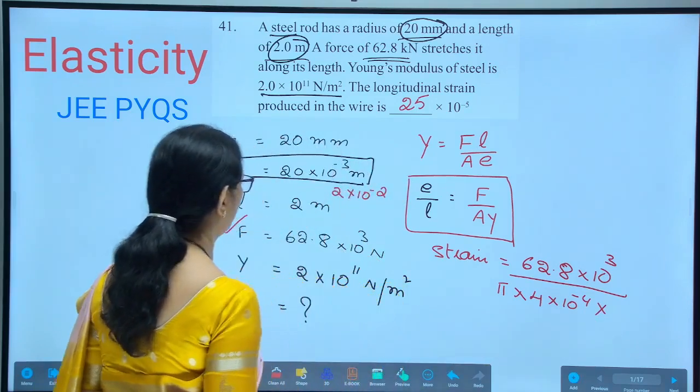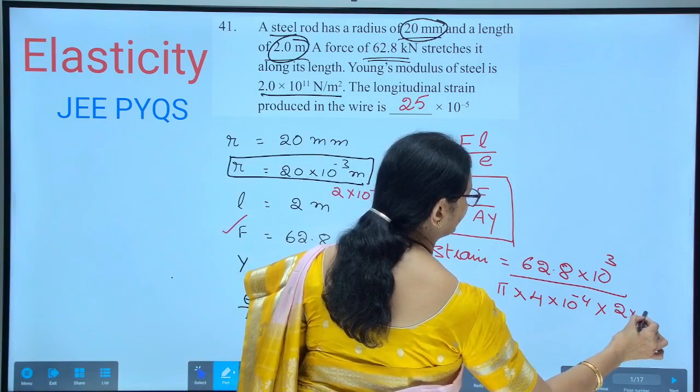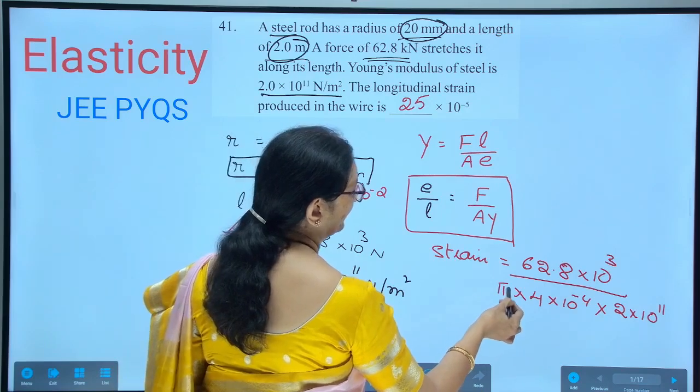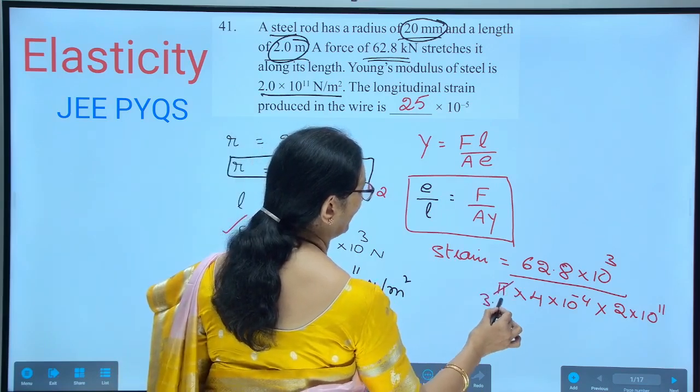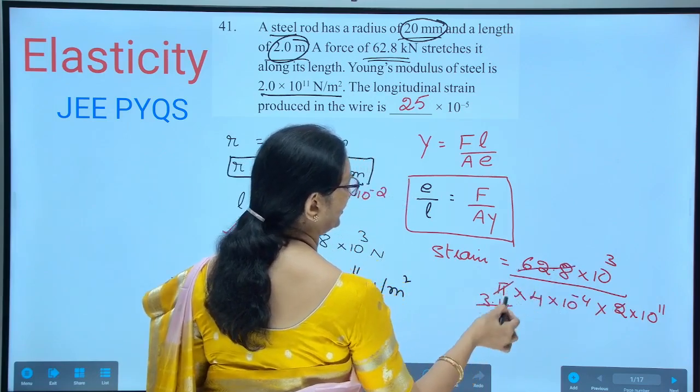And Young's modulus is given as 2 into 10 to the power of 11. So, here pi is 3.14. 2 into 3.14 is 6.28.